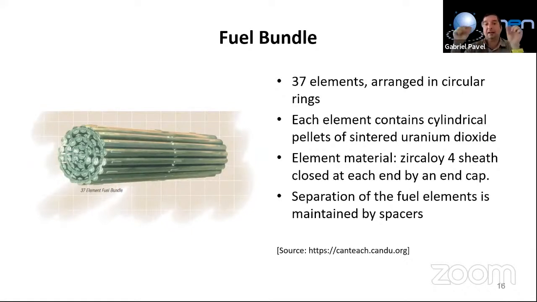These fuel elements are separated by spacers, and towards the end, a grid, so they are welded to this grid, but some spacers between those fuel elements are also present. What's the purpose of these spacers? The purpose of them is to keep the fuel elements at a distance, to avoid them touching in case something happens.